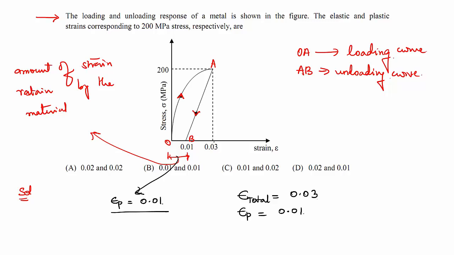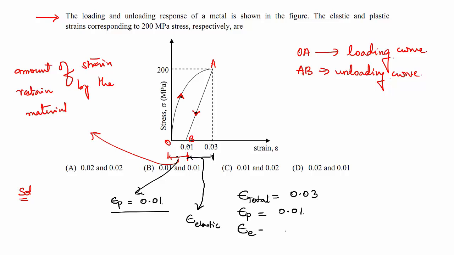The amount of deformation produced is 0.03, out of which 0.02 is recovered. This segment will be nothing but the elastic strain, because here it is being recovered. So this will be epsilon elastic.